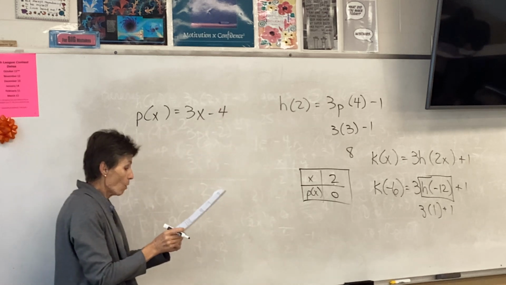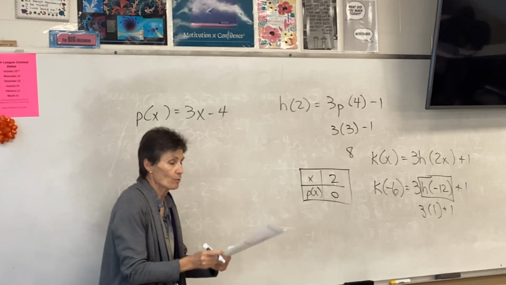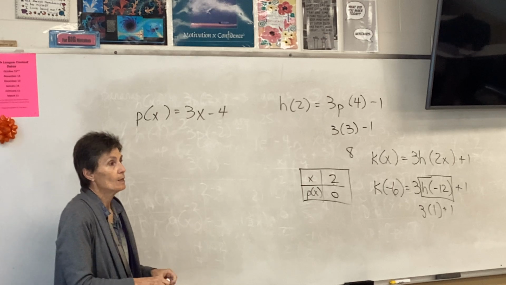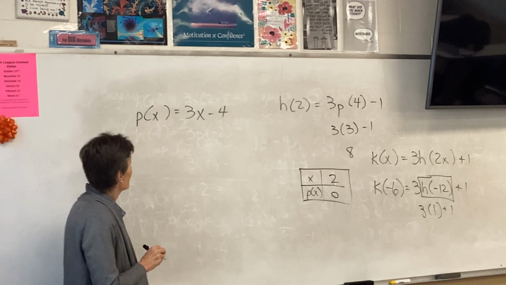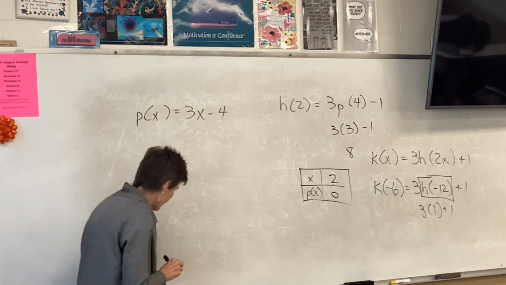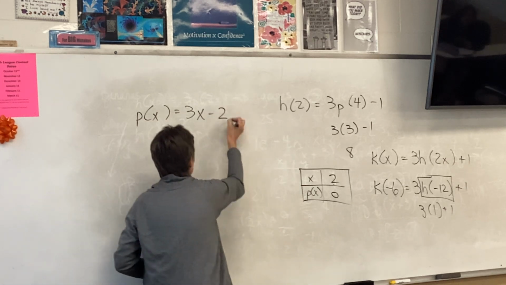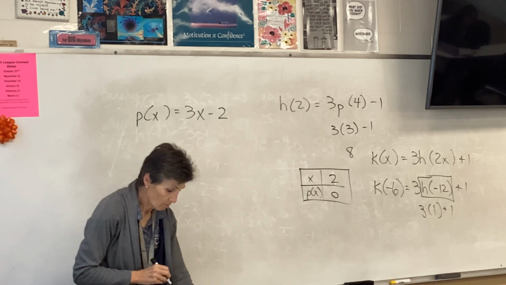And now I have a horizontal translation of 4. What does that mean, Alex? Isn't it 3x minus 2? Oh, it's minus 2, yeah. I was looking at that 4. Yeah, 3x minus 2.